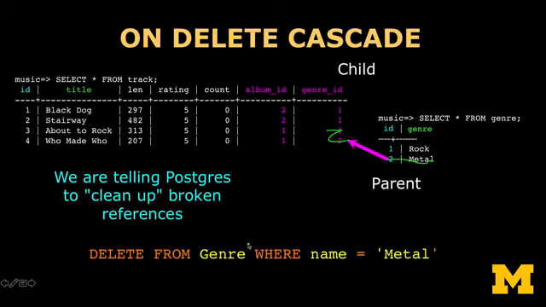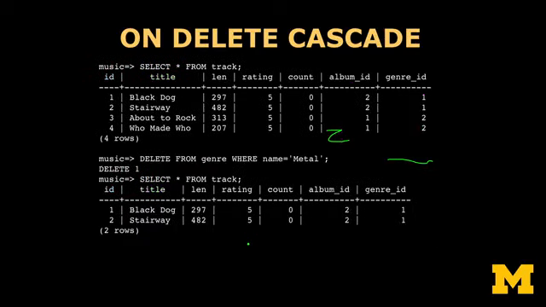If you run this command, it's not just going to delete one row from the genre, it's also going to delete 2 rows from the track. We have 4 rows. We delete 1 row from genre, and as a side effect we've deleted 2 rows, the ones that had a genre ID of 2, from the track as well. So that's how the on delete cascade works.